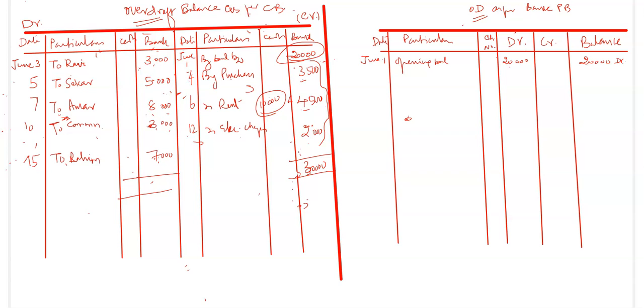Whereas here it is 7,000, 10, 18, 23, 26. That means there is a shortage of 4,000 in your receipt side. So it should be 30,000 to be transferred over here, and the balance will be again OD.